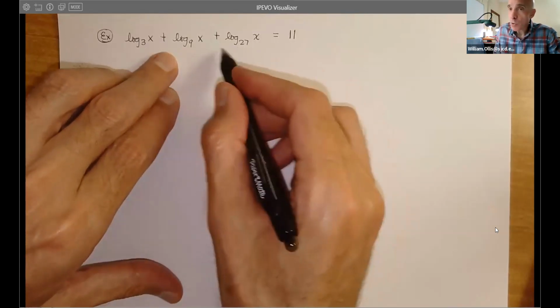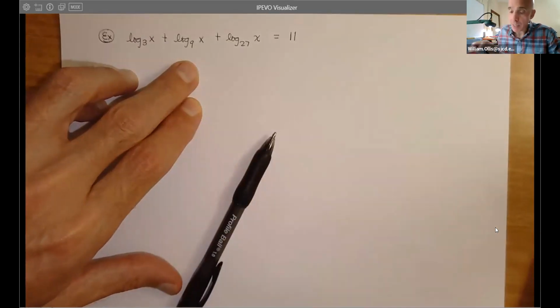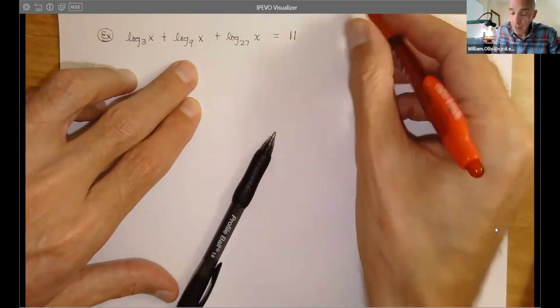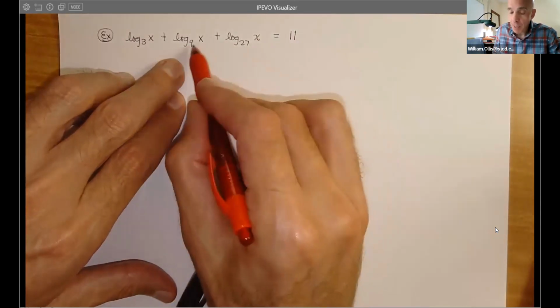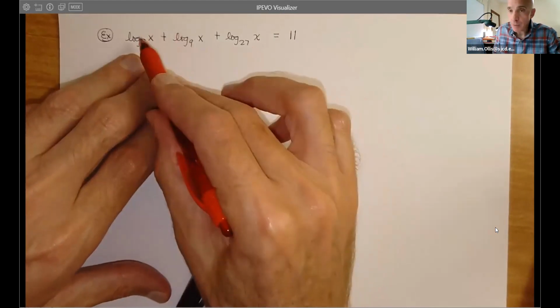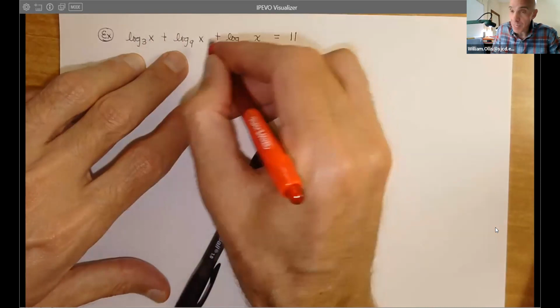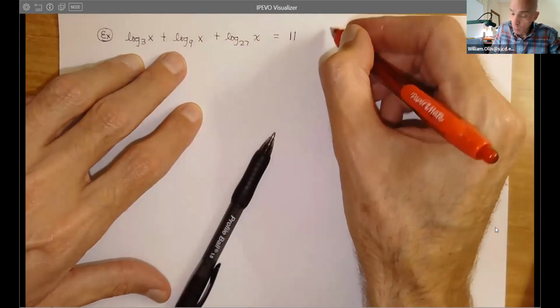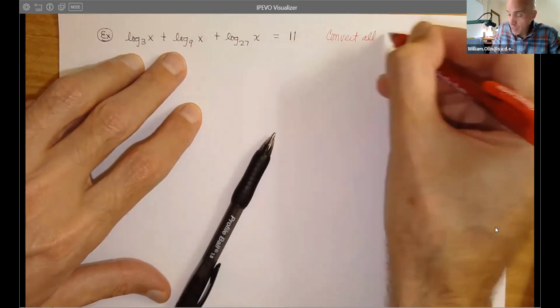What I'm going to suggest here is not unique, it's just easy. Notice we have 3 different bases, but all of these bases are powers of 3. So maybe we'll just leave the 3 here alone and convert these to base 3. So we'll convert all bases to 3.